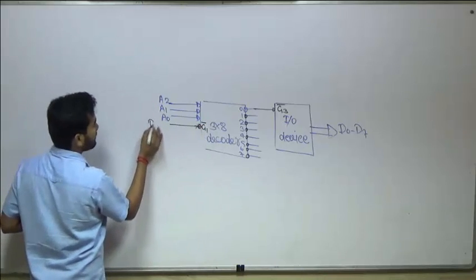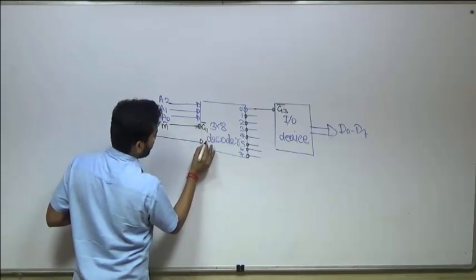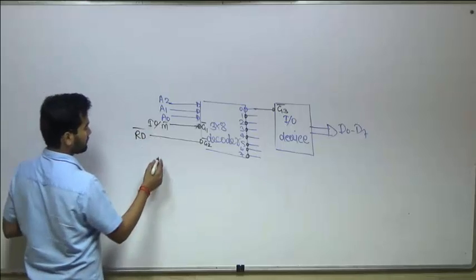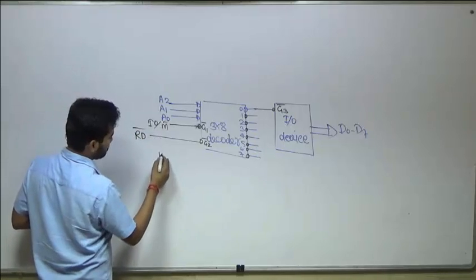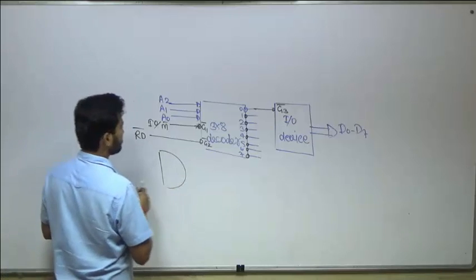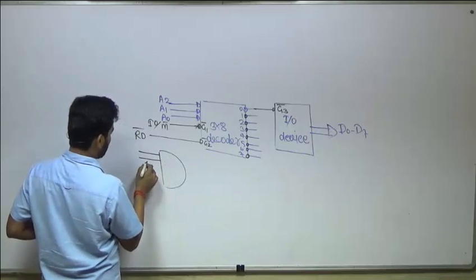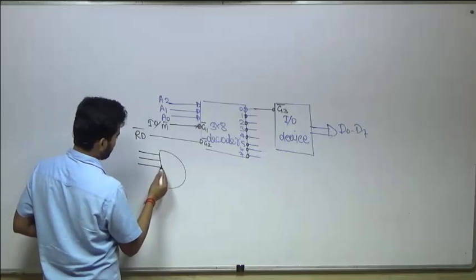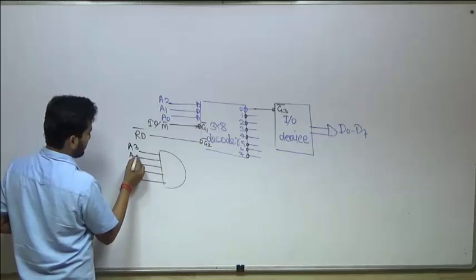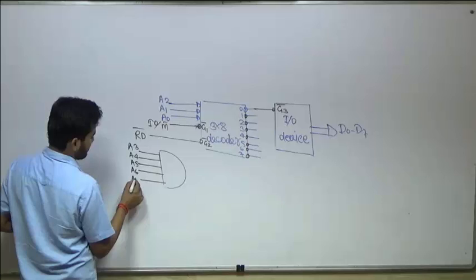G1 bar is IO memory bar, G2 bar is read bar, and then A3, A4, A5, A6, A7.